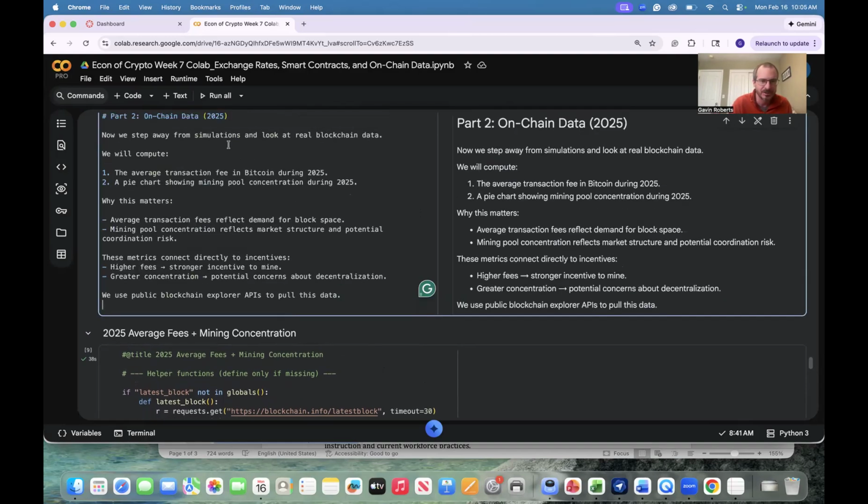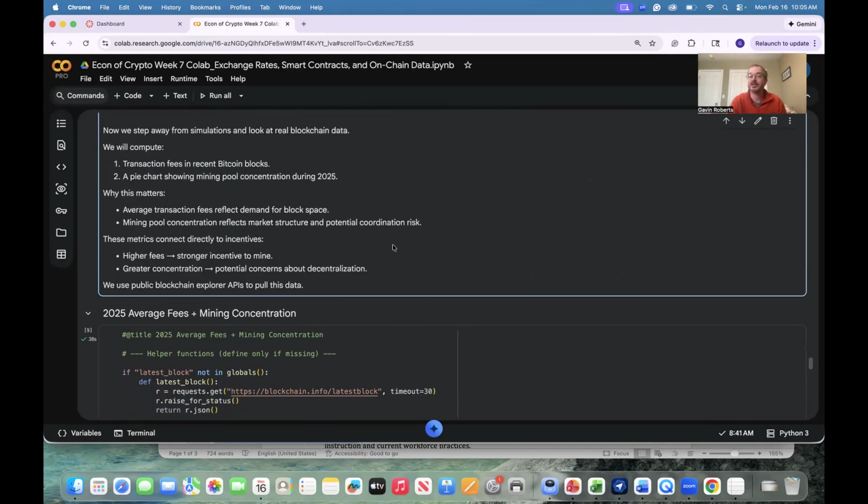So we're going to just look at transaction fees in recent Bitcoin blocks. And then a pie chart showing mining pool concentration. That's something that in the book they explicitly show a pie chart of that exact thing.